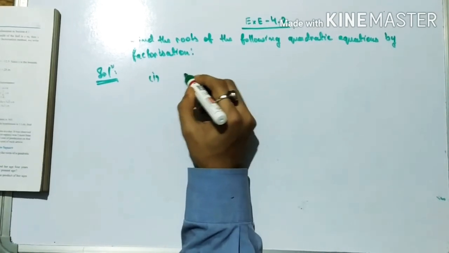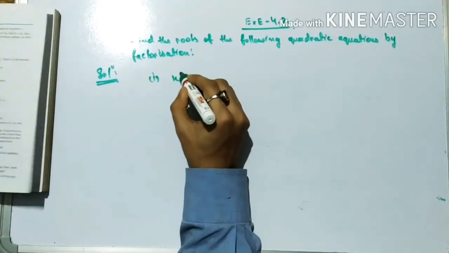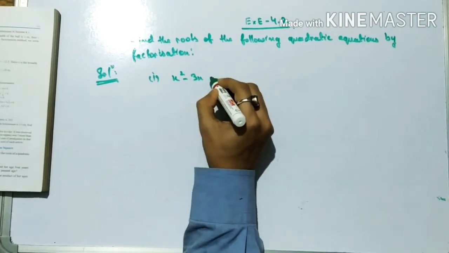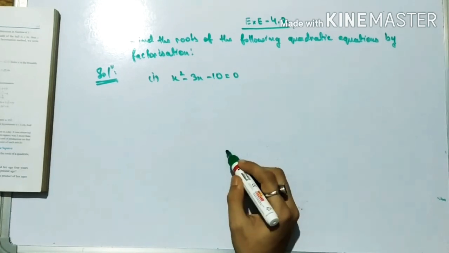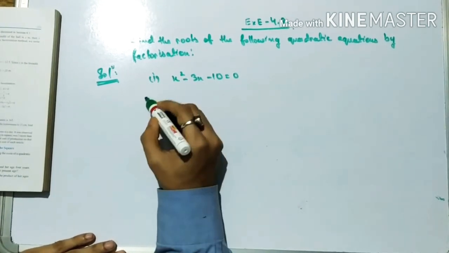So in here you see x² - 3x - 10 = 0. Find the roots of the quadratic equation by factorization.